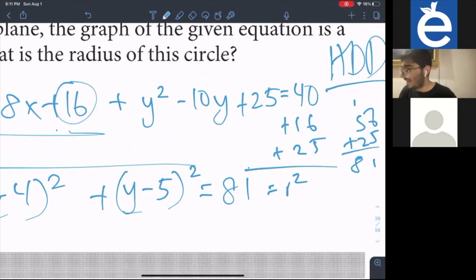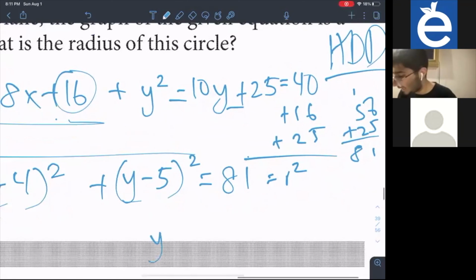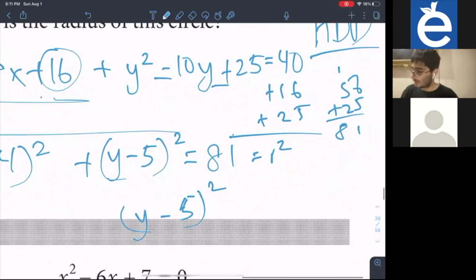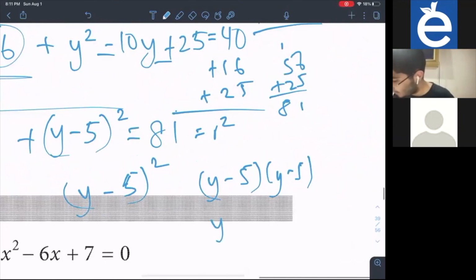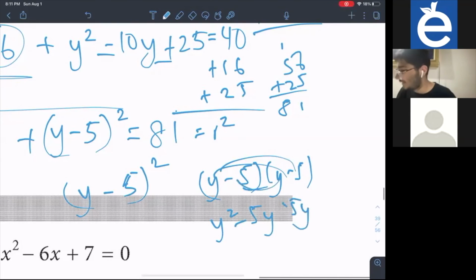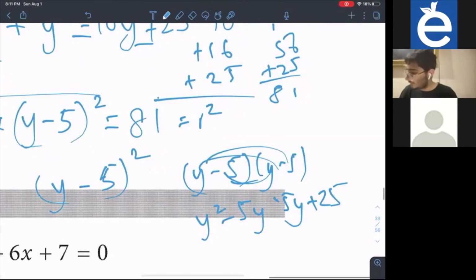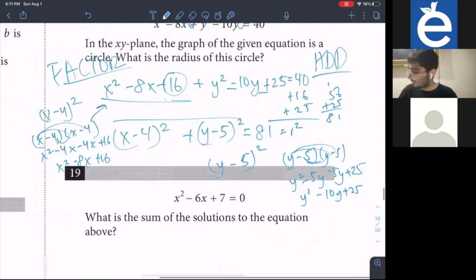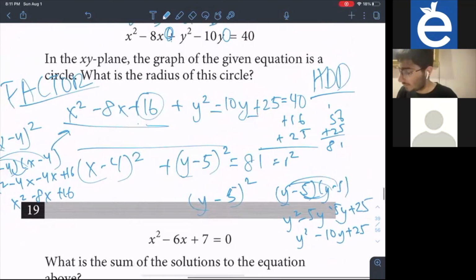Since this is 25 and the signs are different, it would be y, which stays the same, minus, because it's different signs, and then the square root of 25, which is just 5. And then you would square it. So let's try it. y minus 5, and then it would be y squared, because you FOIL, minus 5y, and then minus 5y, and then negative 5 times negative 5, which is plus 25. y squared minus 10y plus 25. So that's basically how I got the left side.